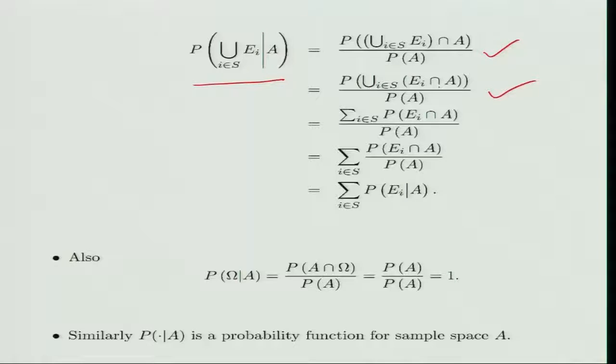So since EIs are disjoint, EI intersection A's will be disjoint, and P is countably additive, so this probability would be the same as the sum of the probabilities, because P we already know is a probability function.